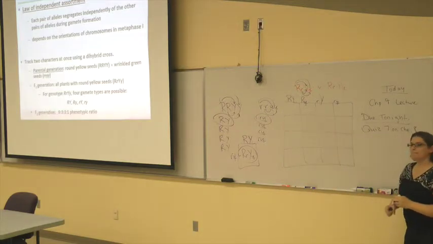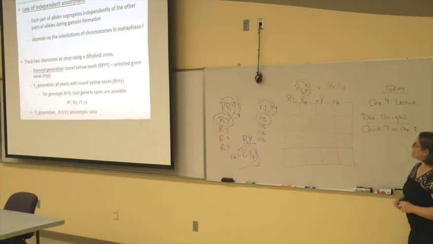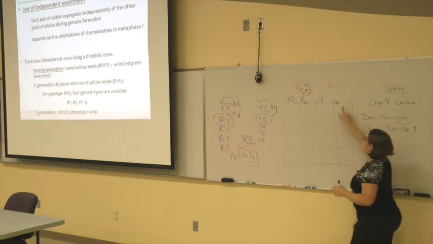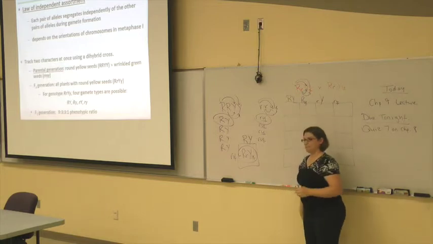Did you see that? Okay. So I've set up the gametes. Let's just say that that's the dad. I set up the possible combinations of alleles in all the different types of sperm that dad can make. He can make 4 different types of sperm right there.